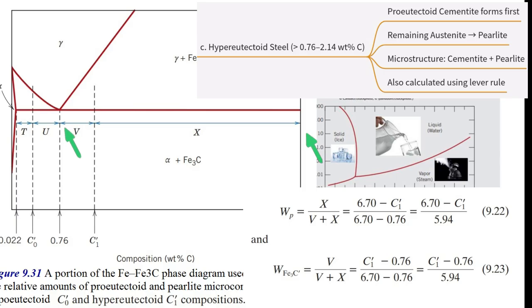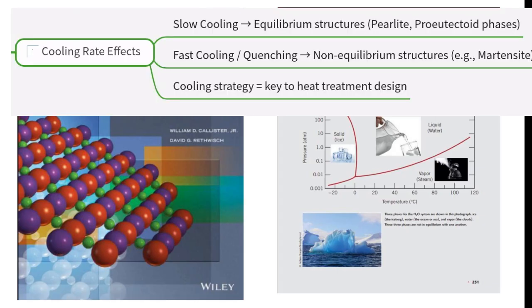Extremely useful. Now, it's worth mentioning Callister also briefly touches upon non-equilibrium cooling. Ah, right. The real world isn't always slow cooling. Not usually, no. What we've discussed assumes very slow cooling, allowing everything to reach equilibrium as per the diagram. But in practice, cooling rates are often much faster, quenching in water or oil, for example. What happens then?